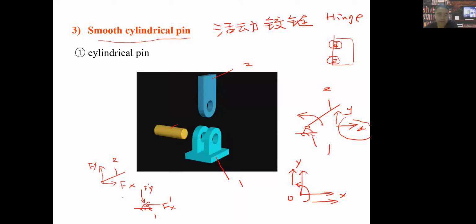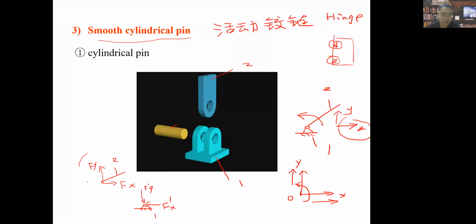So from the action and reaction point of view, you can find the reaction forces Fx and Fx prime are a pair of action and reaction forces, right? So this force is acting by 1 on second, and this force Fx prime is acting by 2 on 1, right? That is the real meaning of a pair of action and reaction forces.